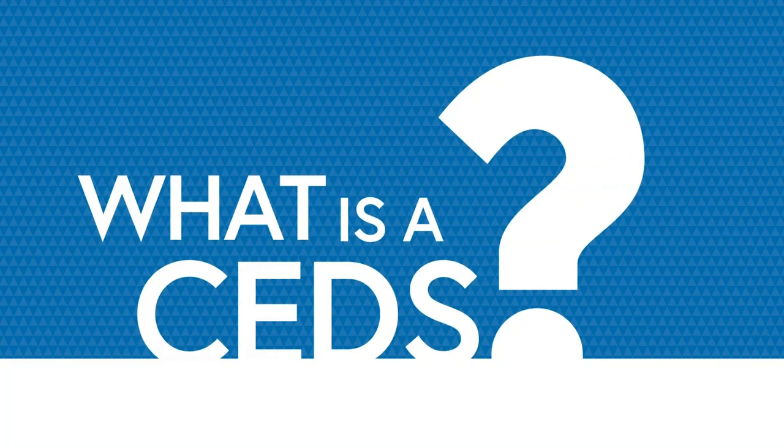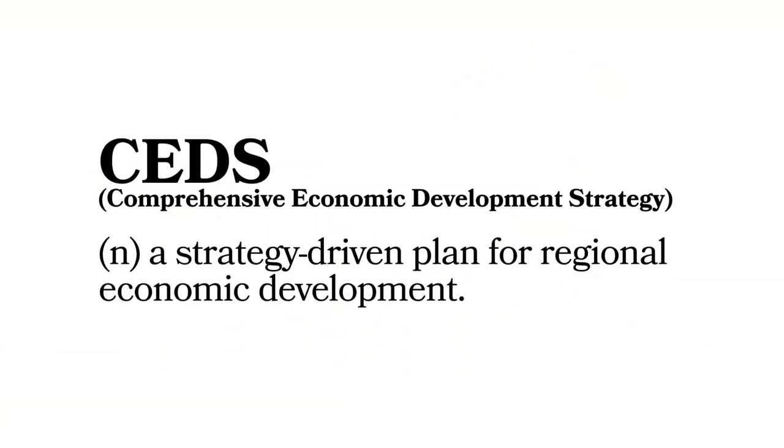And there was a great line or definition on the EDA site, I believe, that just talks about what it is. It's a strategy-driven plan for regional economic development. I'm not telling you all anything you don't know, but it's helpful to start with that and have all of us on the same page. Strategy-driven is important, and also understanding who it's for, your region, and why it's for economic development.